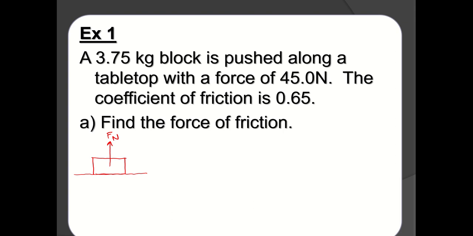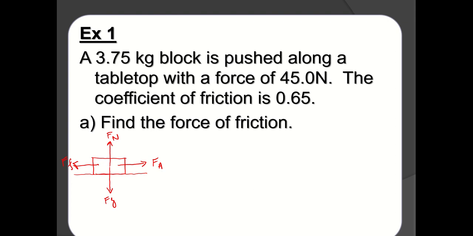So remember, for your free body diagram, make sure you include all the forces. We're going to have force of gravity acting downward. Okay, let's say we're pushing the box to the right, so we're going to have our force applied to the right, and then friction is going to oppose this force in the opposite direction, so it's going to be the force of friction, not gravity, to the left.